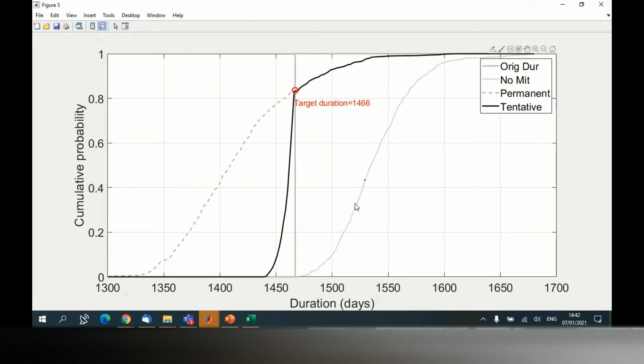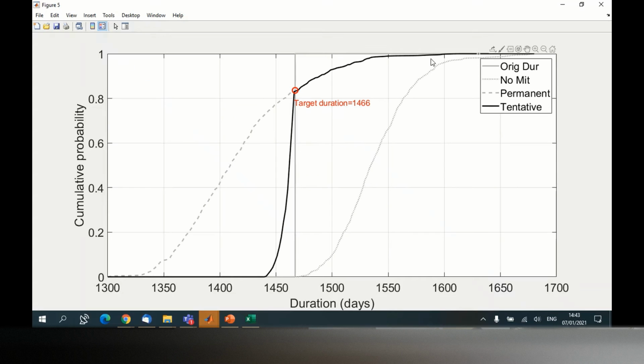So it has a probability of what? Of 0. It means that if we don't apply any mitigation measure, the probability of finishing the project on time is 0. So we have to do something about it. We have to apply mitigation measures so that we increase this probability. And that's what the mitigation controller is doing. It's trying to implement only the effective mitigation measures so that the probability at the target date is increased.